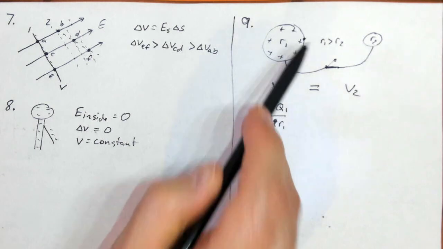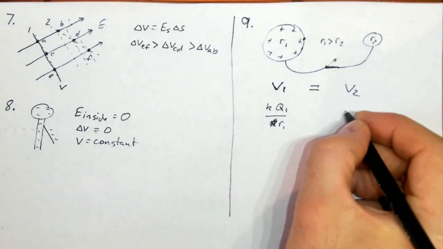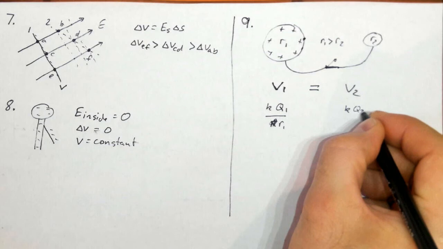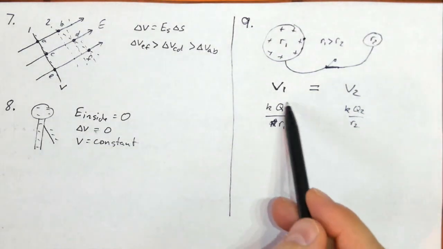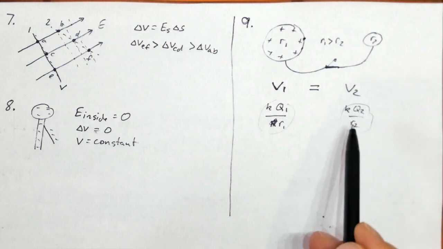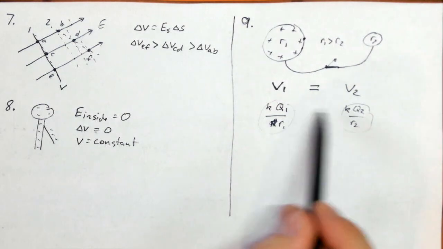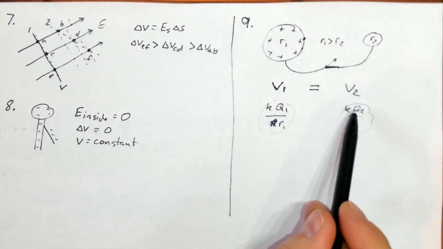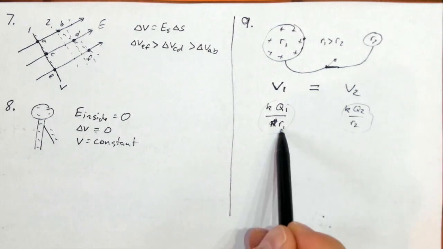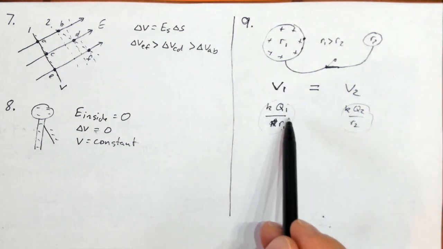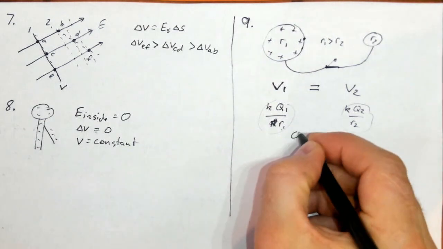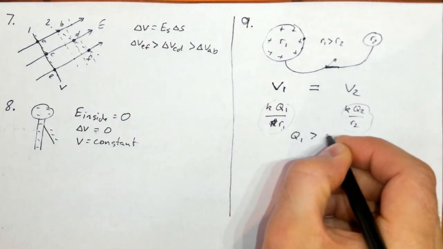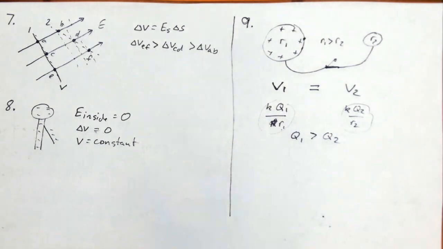So we're going to look at right here. Okay, well, KQ2 over R2, if I already know that these quantities are equal, then what does it say about Q1 and Q2? If R1 is bigger than R2, then Q1 should be bigger than Q2. So we can say Q1 is bigger than Q2, which is what we concluded earlier from a more fundamental idea.